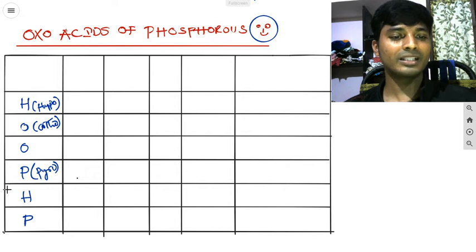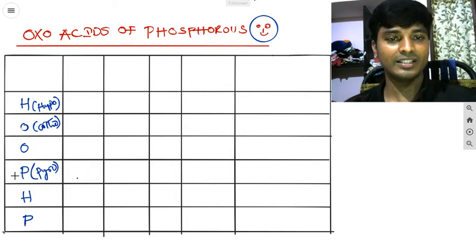If you can remember these six letters in a sequence, you can frame the formulas, and you can remember the names easily.